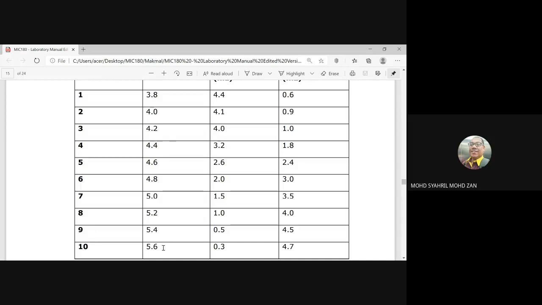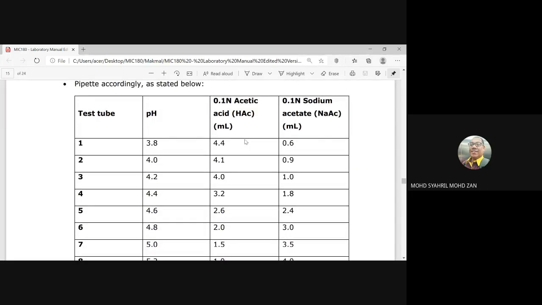So how are you going to get it? By using this one. Okay. So mix 4.4 of this one with 0.6 ml, and God willing you will get 3.8. To confirm, you have to use a pH meter. Okay. So if you follow this manual, you can get the exact pH in each test tube.